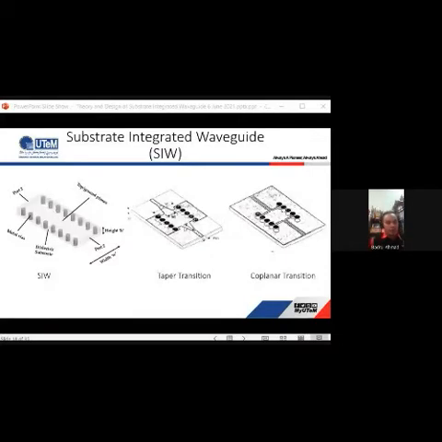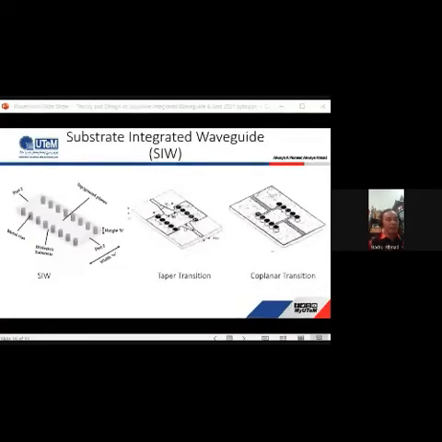Now we go to the substrate integrated waveguide structure. Basically, the first evolution happened in SIW technology. SIW is the most popular choice, whereby it is easy to transplant existing technology, and it has a mature technology and design structure, which is PCB. It has a higher Q, of course lower than the waveguide, but higher than the microstrip.